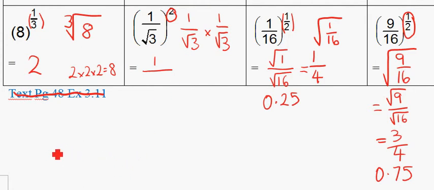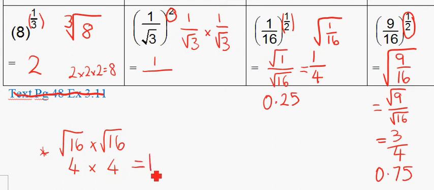Let's try another example and think about numbers we know that have a nice root. Let's try root 16 times root 16. Square root of 16 is 4. Square root of 16 is 4. 4 times 4 is 16. So if you square root a number and then times it by itself again, you'll end up actually back with that number.